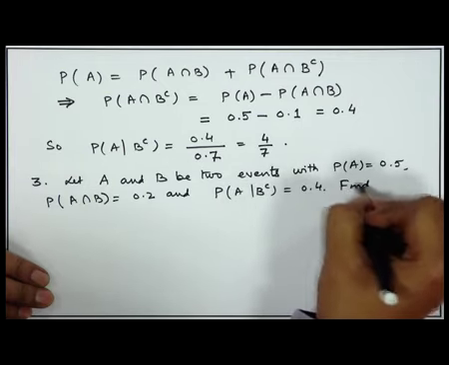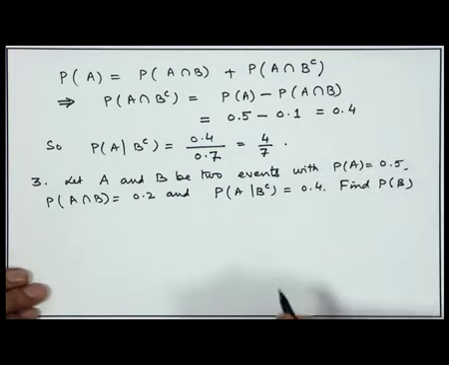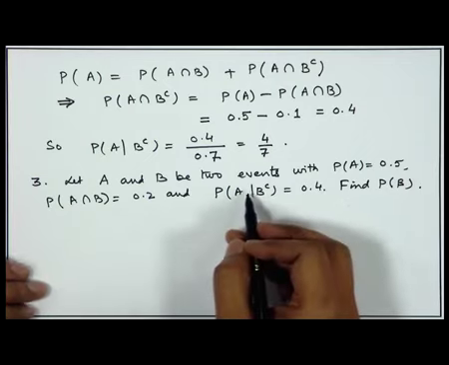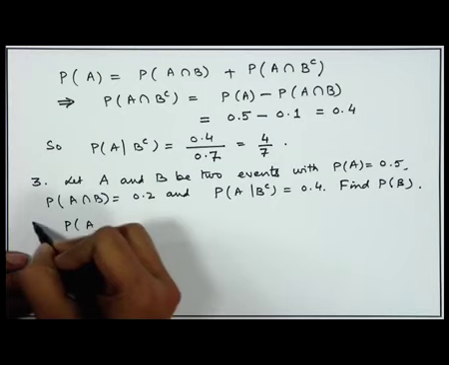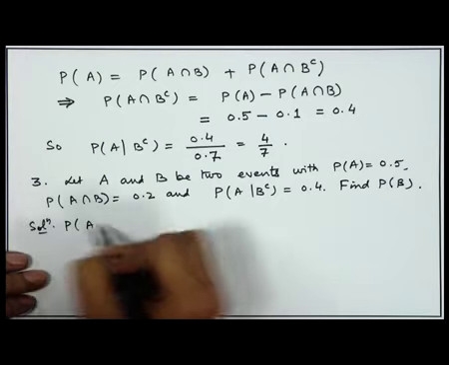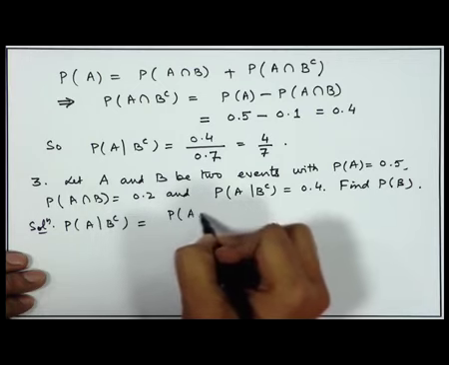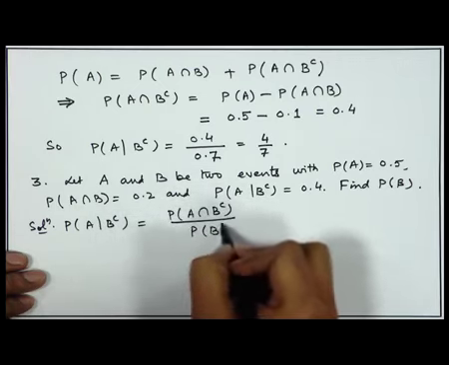We want to find what is the probability of B. So, we will try to use the equations here. Probability of A given B complement is equal to probability of A intersection B complement divided by probability of B complement.